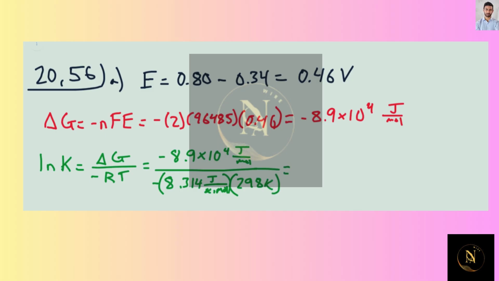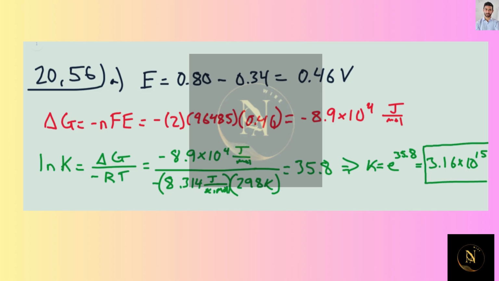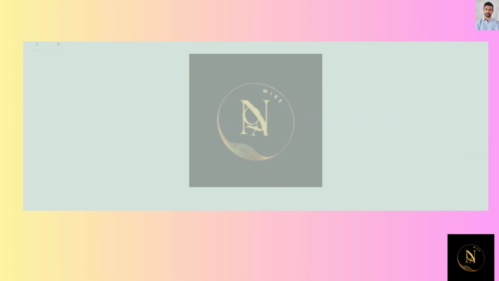And when we do this, we get a value of 35.8. So to calculate K, we have K is equal to e to the 35.8. This is the inverse ln. And we get a value of 3.16 times 10 to the 15th power for part A.